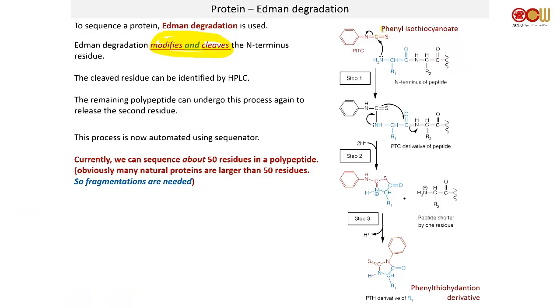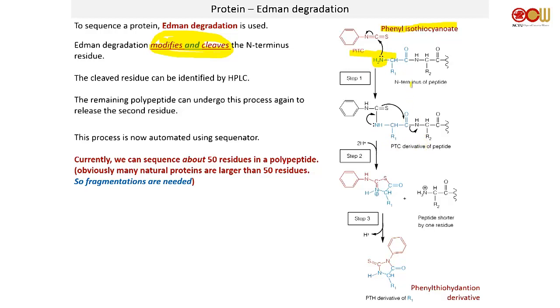So what you do is you use this thing called phenyl isothiocyanate. In short, we call it PITC. And what happens is if you incubate your PITC with your polypeptide, your N-terminus amino group right here will attack PITC, such that you have a PTC derivative of the peptide.